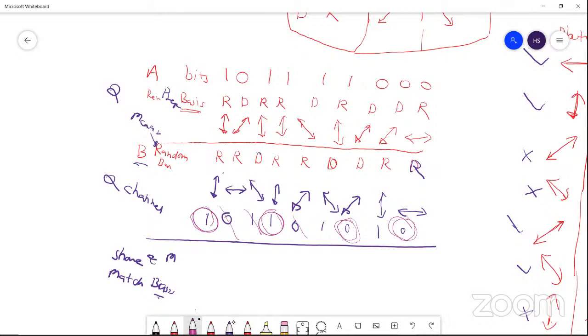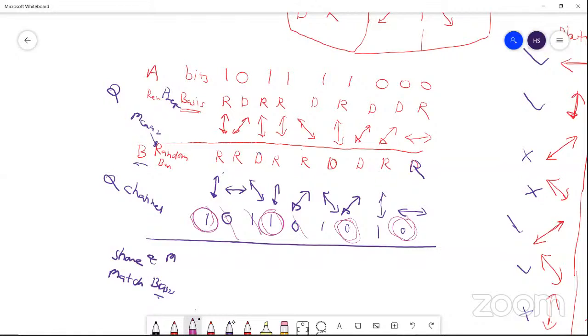So whenever these bases are not matching, then it can get arbitrary results. So 50% of the time it will match with the bits, but sometimes it will get wrong also. So although the bases are not matching, there is a 50-50 chance that they still have the same bit. But we are not sure, because this was based on probability.